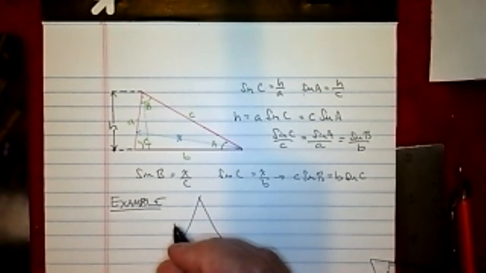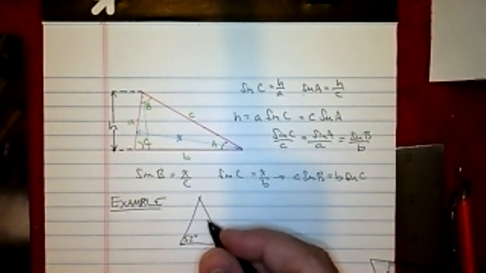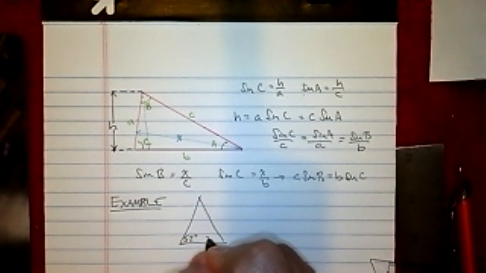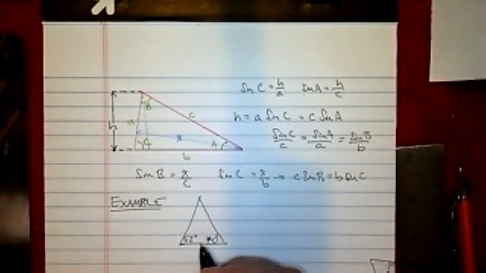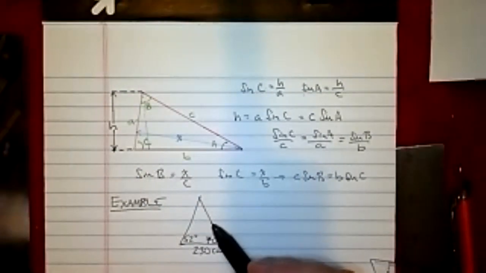And let's say this angle is 52 degrees. And let's say this angle is 70 degrees. And let's say the side in between them has a length of 230 centimeters. I can use the law of sines to find out this side, and of course I already know this angle.